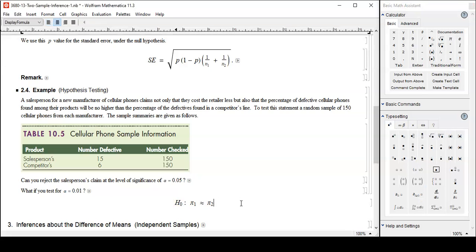So no difference. But then again, what is the best point estimate of this pi value? Pi 1, pi 2, they are about the same. Is it 15 out of 150 or 6 out of 150?